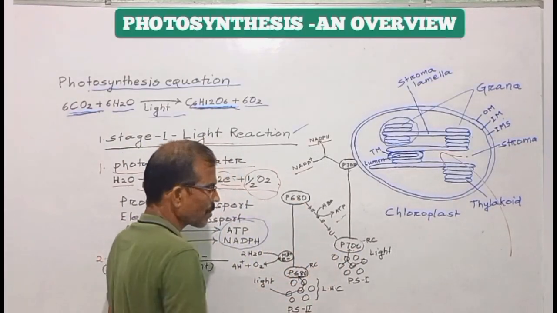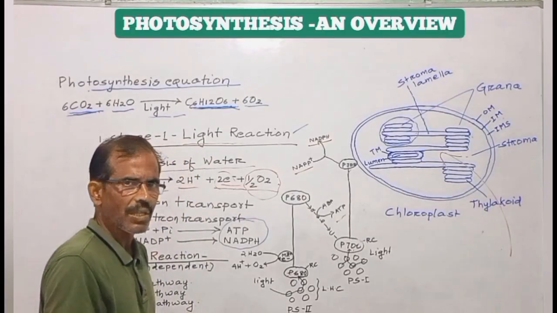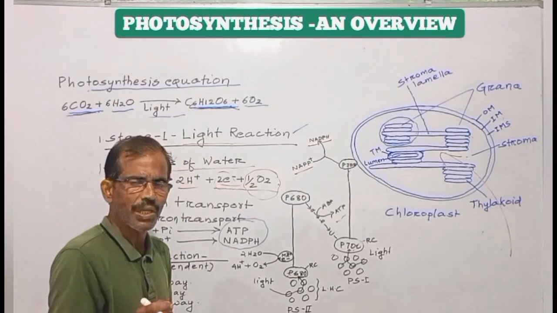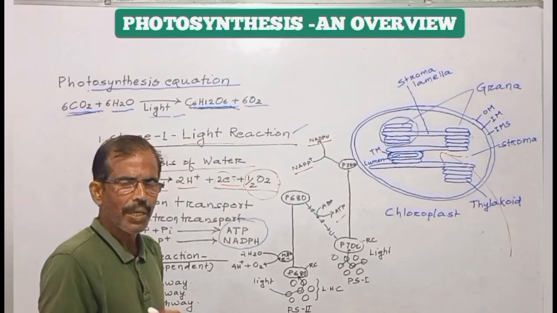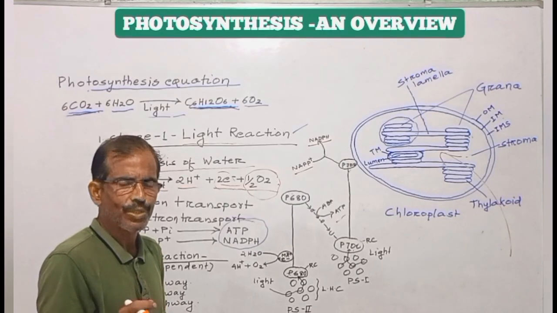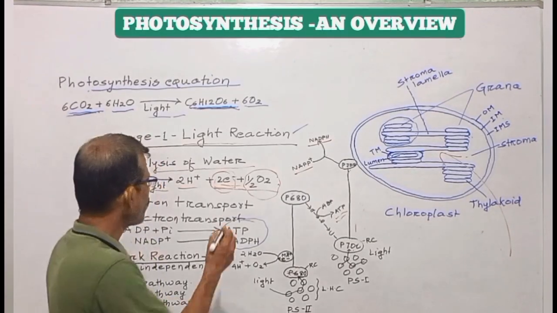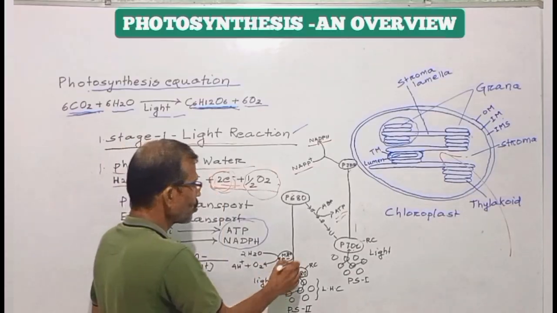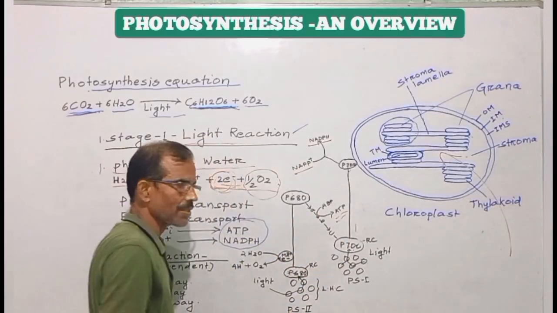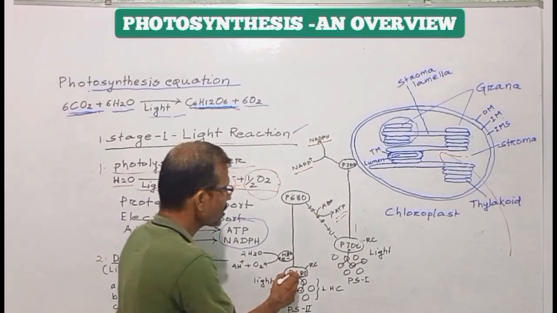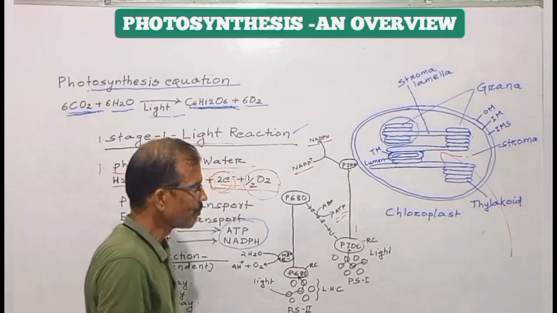During this electron transport, energy is released which is used to generate ATP from ADP and inorganic phosphate.